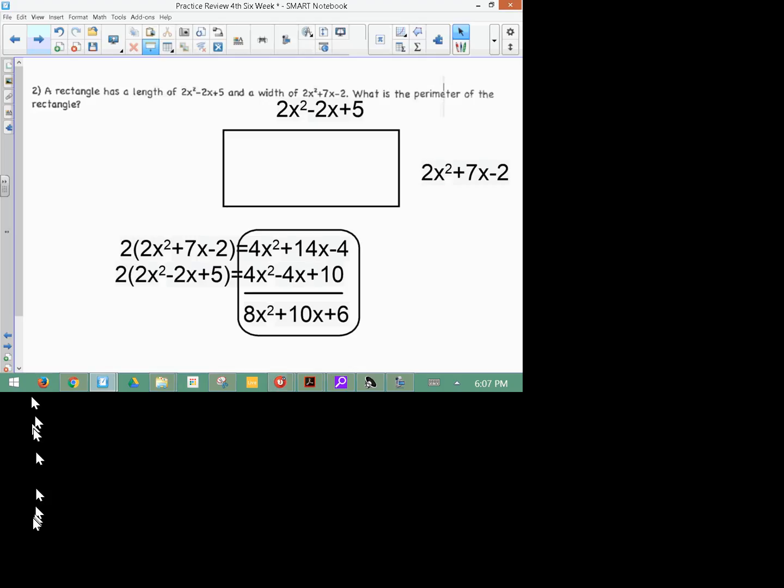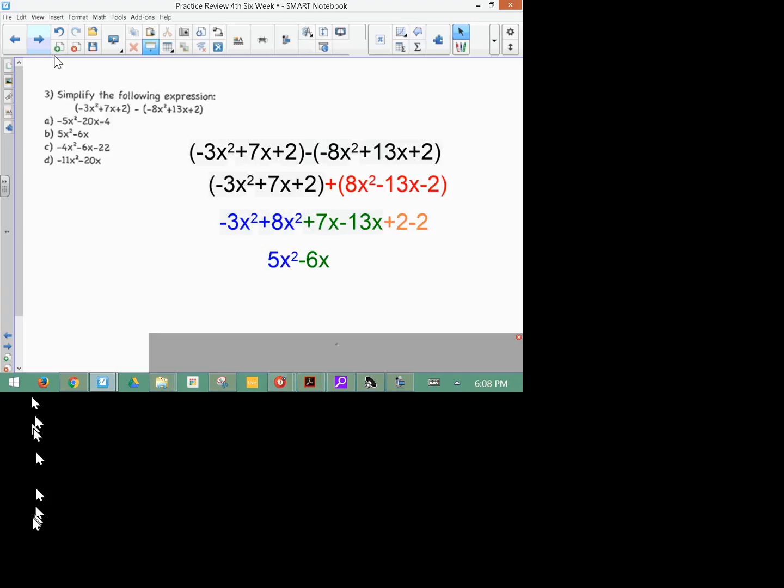This is the width, and this is the length. If I add these up, negative 4 plus 10 is 6, 14x minus 4x is 10x, and 4x squared plus 4x squared is 8x squared. So this represents the perimeter of this rectangle.